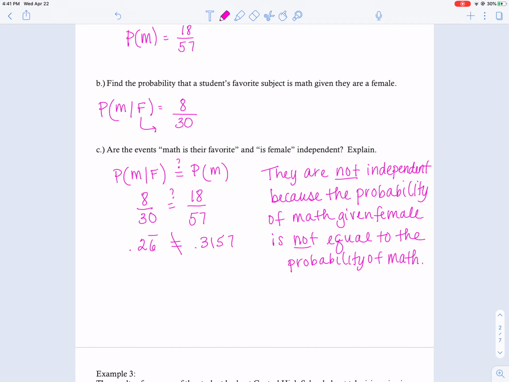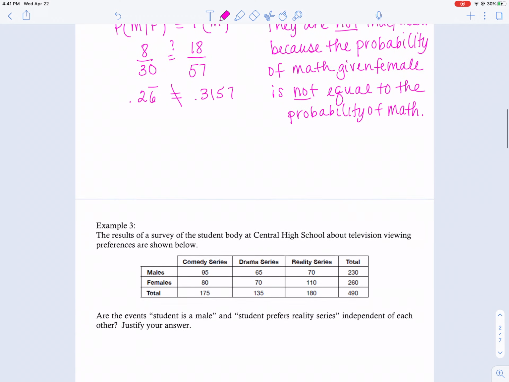Okay, so if those were to equal, they would be independent, but these are not independent because they are not equal. Okay, it's a lot to take in.